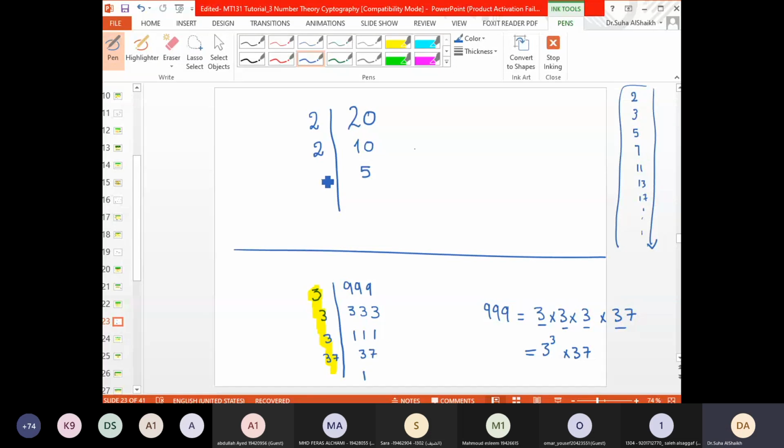No. Divisible by 3? No. Divisible by 5, and the result is 1. We stop here. We take the numbers, and then we write the 20 is equal to 2 في 2 في 5, which is 2 to the power 2 multiplied with 5.